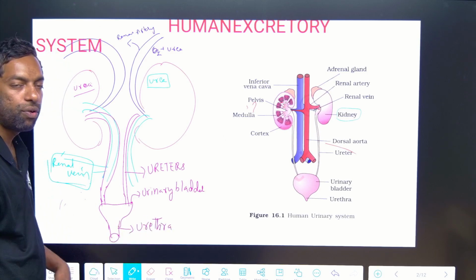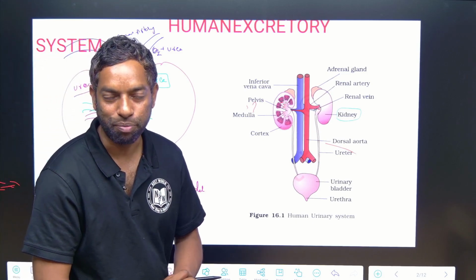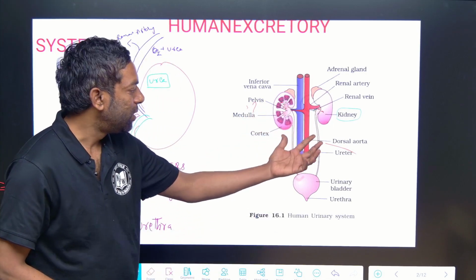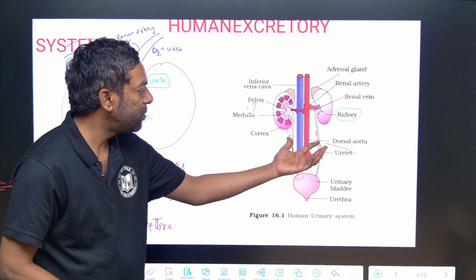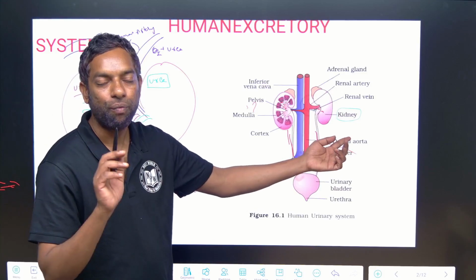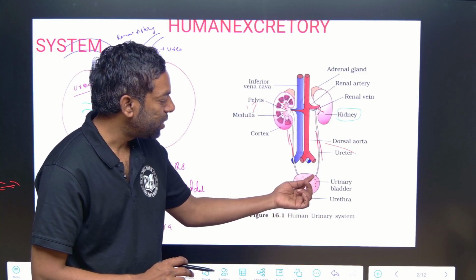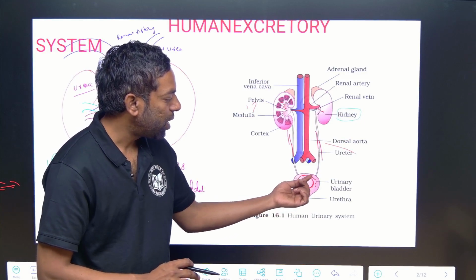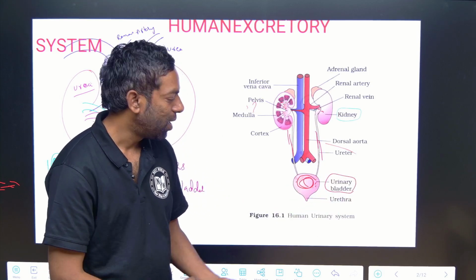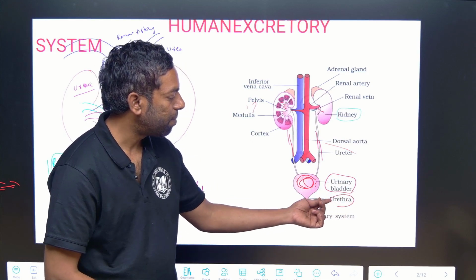Now you have to tell what the parts in the human excretory system are. One pair of kidneys, these two tubes, one pair of ureters, the storage part, the urinary bladder, and the part which excretes urine out, the urethra.